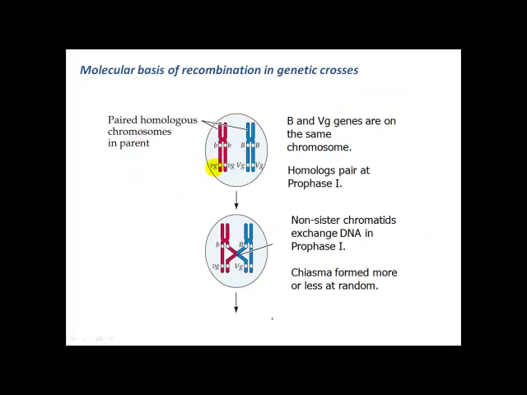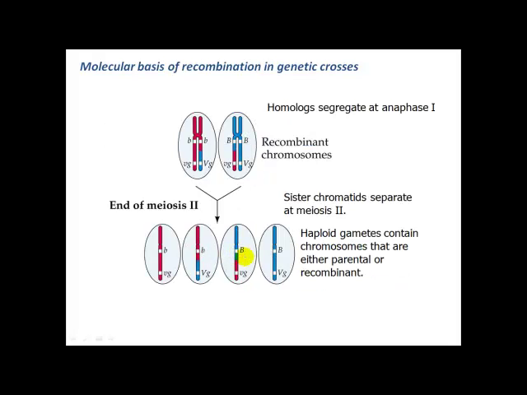So the B and the VG alleles are on the same bit of DNA, and the only way that we see a new combination, say the recessive allele with the dominant allele for the other trait, is if there's a crossover between them. And then we would see that new combination of traits that we hadn't seen before: dominant and recessive, recessive and dominant, leading to our recombinant gamete types, and therefore our recombinant progeny after fertilization.